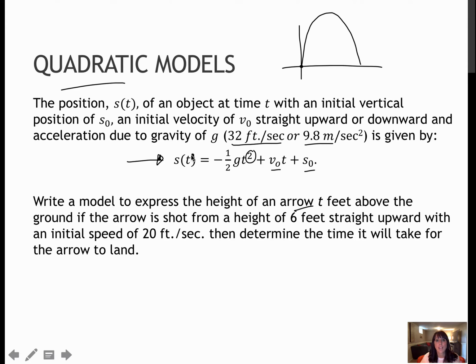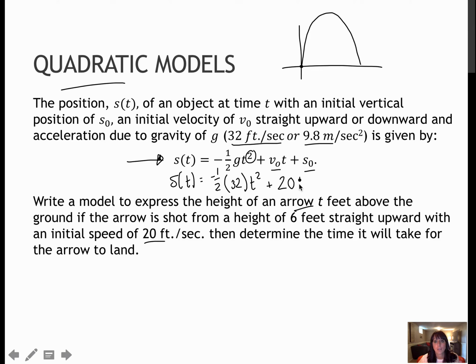So I'm going to use that to write my function. For my question below, I'm taking -1/2. Because everything down here is in feet per second, I'm going to use 32 feet per second for G. T is my unknown. V sub 0 means the initial velocity, which in this case is 20.